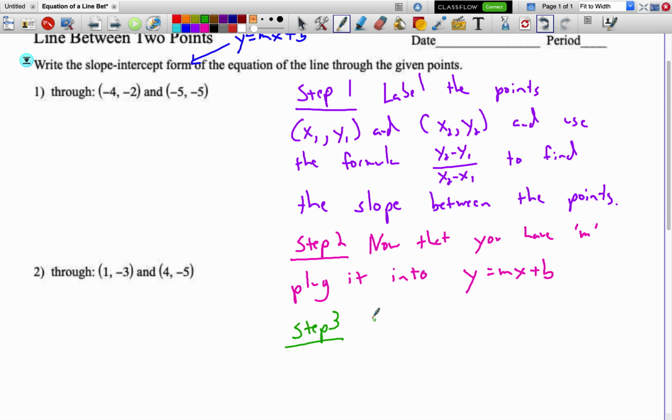We want to pick the easier point, and by easier I mean perhaps smaller numbers or fewer negatives. So pick the easier point to use as an x and y value in the equation.